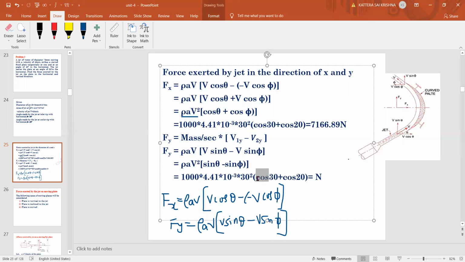Then the sine value minus sine, and calculate the value of this. 627.022. Okay, that's all. So this problem is completed.